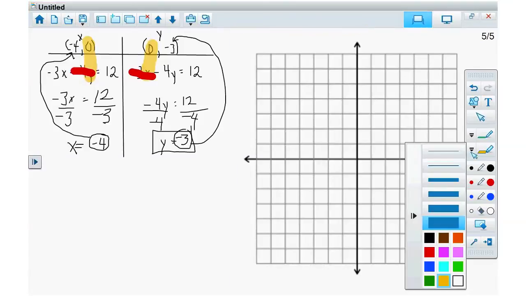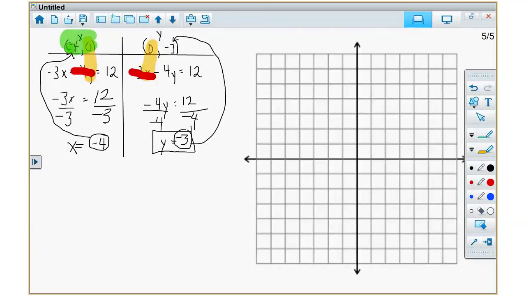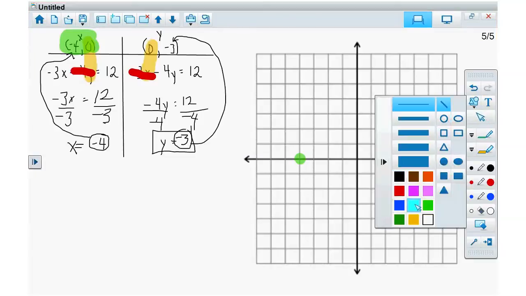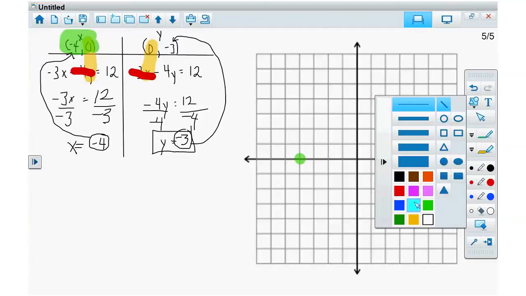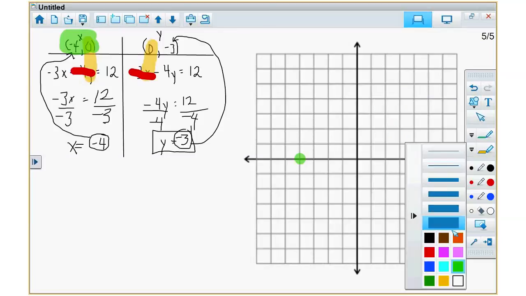So I'm going to make my highlight go with the green again. And where does the x-intercept go? On the x-axis. 1, 2, 3, 4. Negative 3, make that blue. Oh, wait a minute, that's the wrong one. There we go, blue.